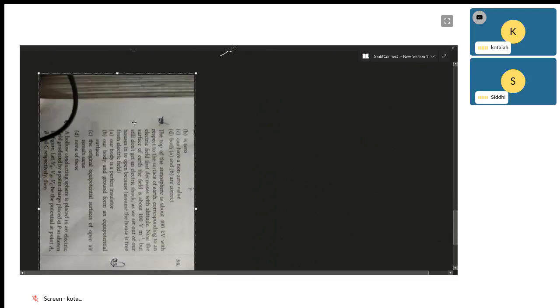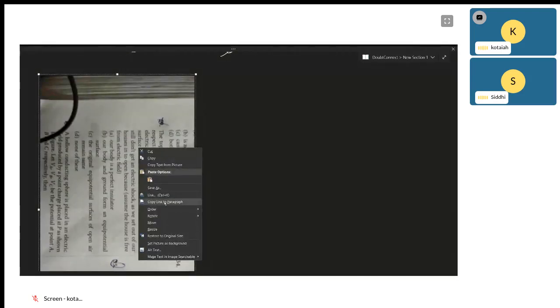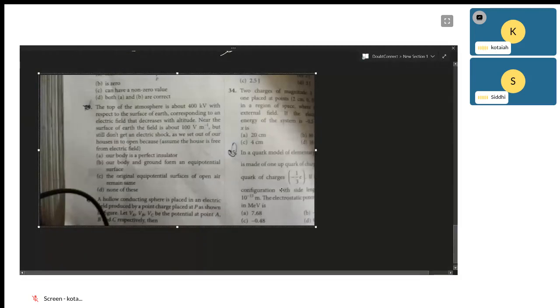So this is, I think, theory part. The top of the atmosphere about 400 kilovolts, right? This one, no? Hello?